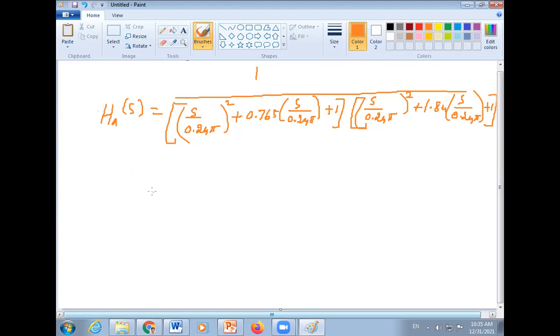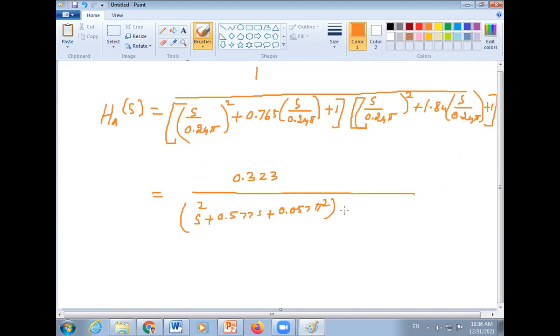So if you simplify this, after simplifying, we will get the answer as 0.323 divided by S squared plus 0.577 S plus 0.057 pi squared, multiplied with another term, S squared plus 1.3993 S plus 0.076 pi squared.